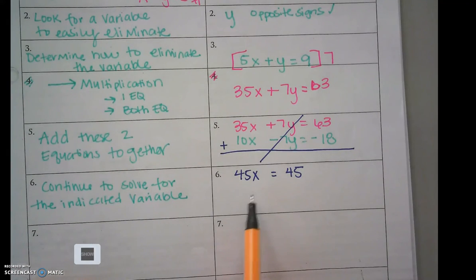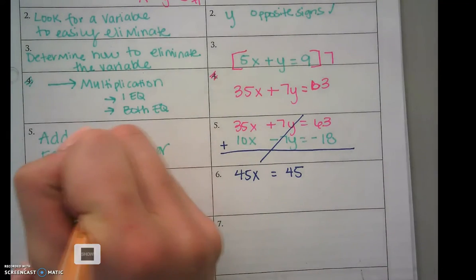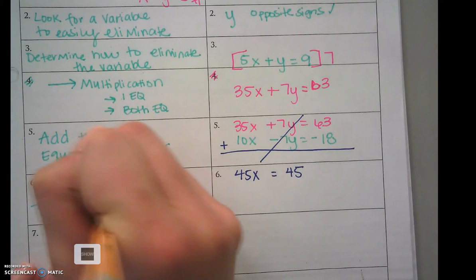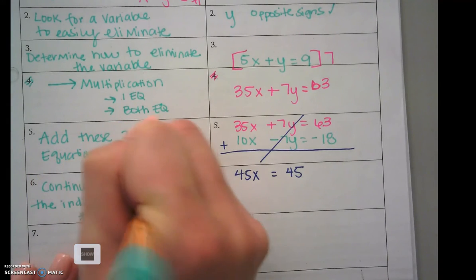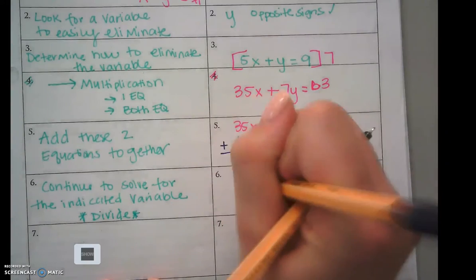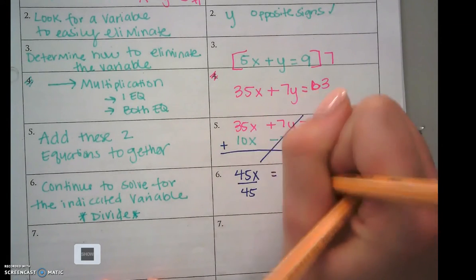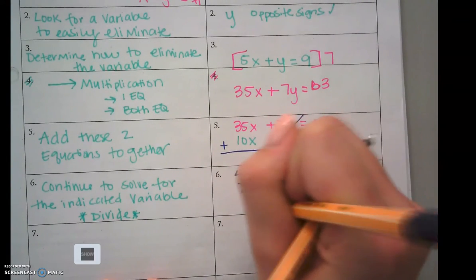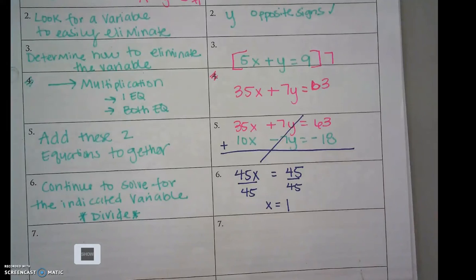How can we solve for x here? Hopefully you told yourself that you could divide by 45. So x equals 1. Can I leave that as my final answer? The answer is no. We have to have an ordered pair.